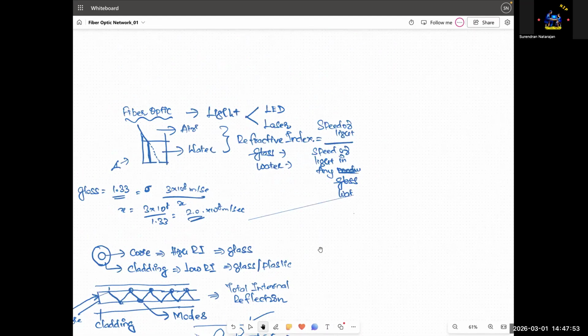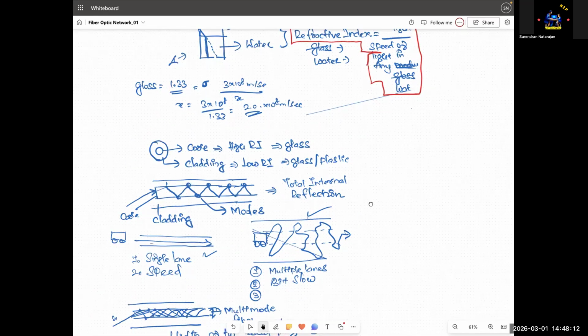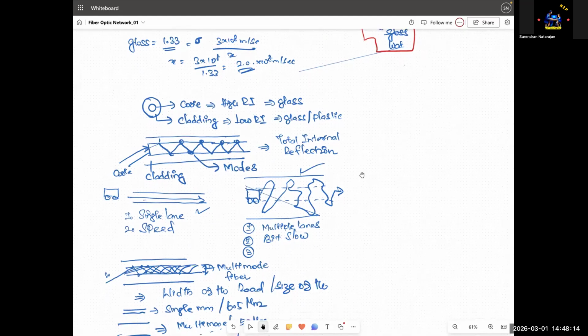So what are all the things we remembered? One is refractive index. Why did we learn refractive index? Because if the refractive index of the material changes, the speed at which the light travels also changes.